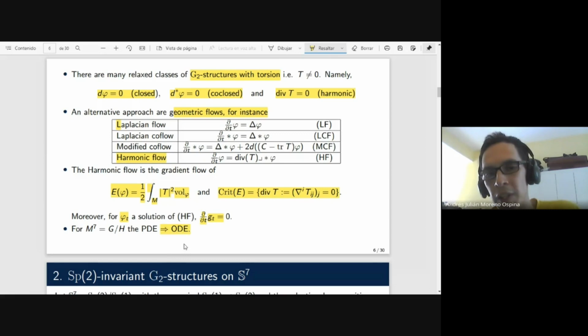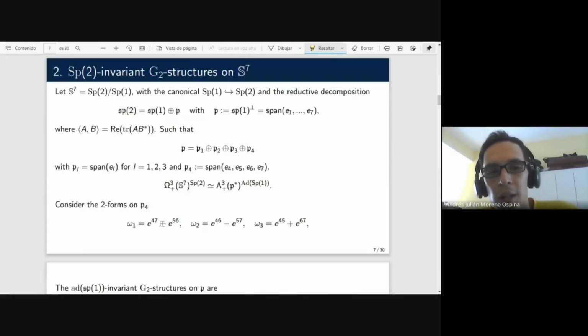So with this property, we have short time existence, and we could prove other properties of the flow. With that, we focus on the case of the 7-sphere given in this way.